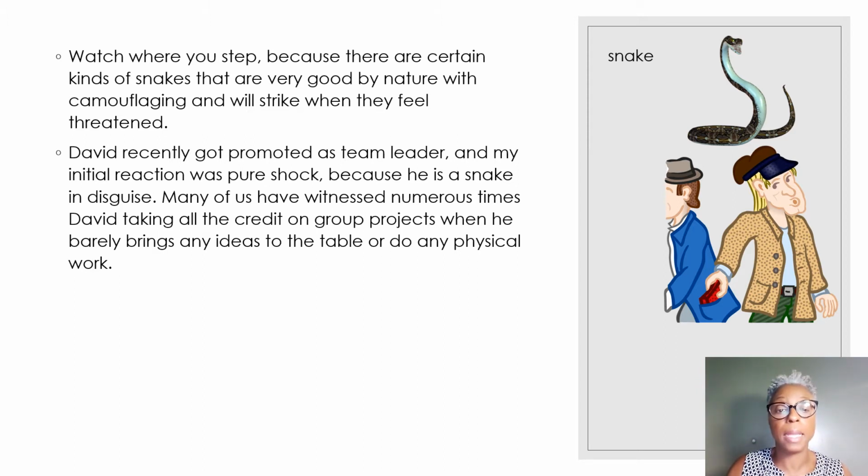I'll highlight these words and phrases to also model for you what good annotation looks like. We know that they are good by nature, they camouflage, and will strike when they feel threatened.